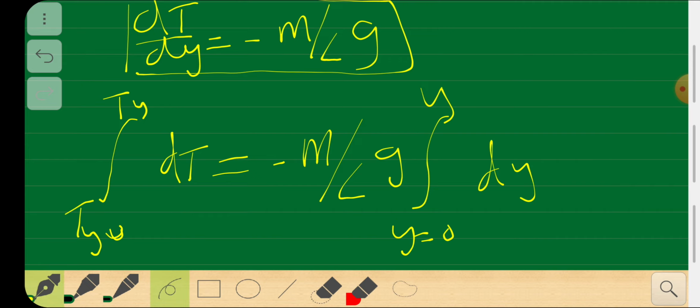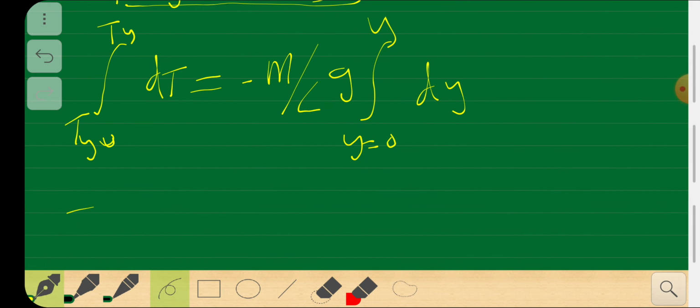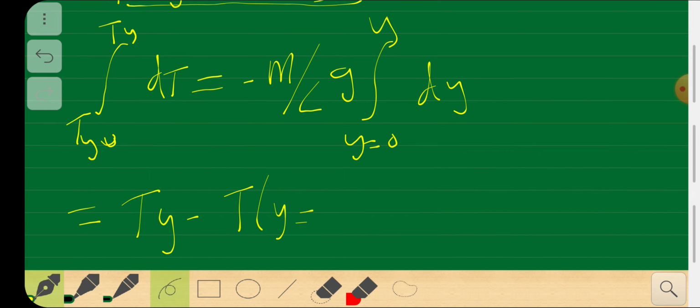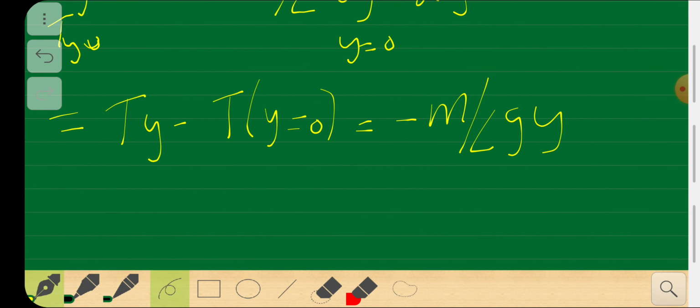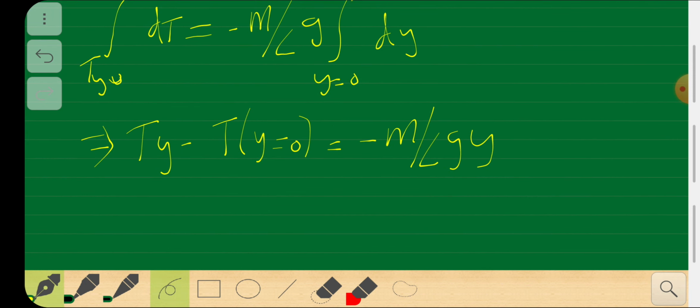So that will be equal to T(y) minus T at y equal to 0, which must be equal to minus m by L g y. It's straightforward.